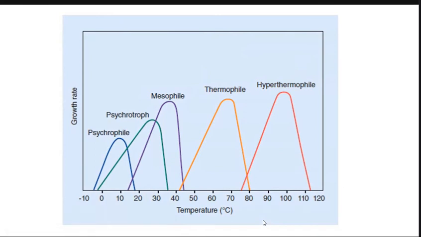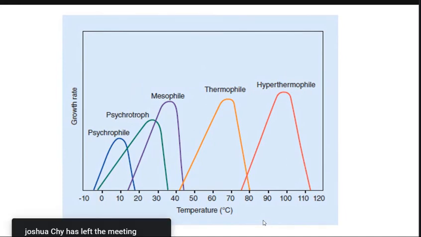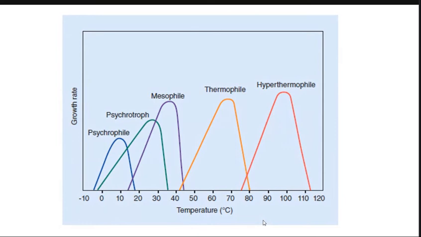Now, this is just a graph showing you the different temperatures and the growth rate of different organisms, showing you whether they are psychrophile, psychrotroph, mesophile, thermophile, or hyperthermophile.